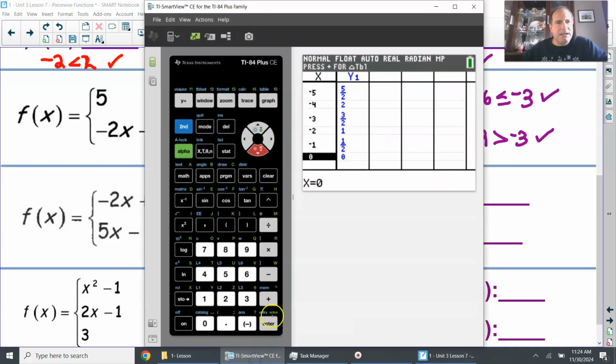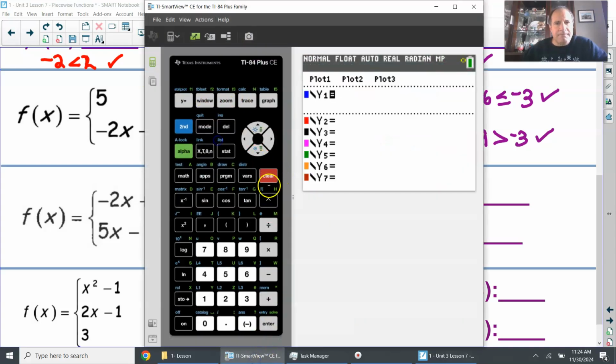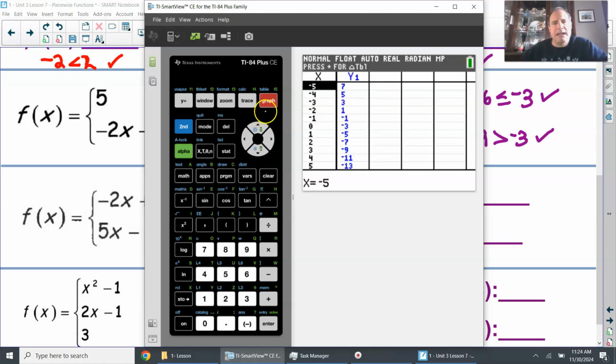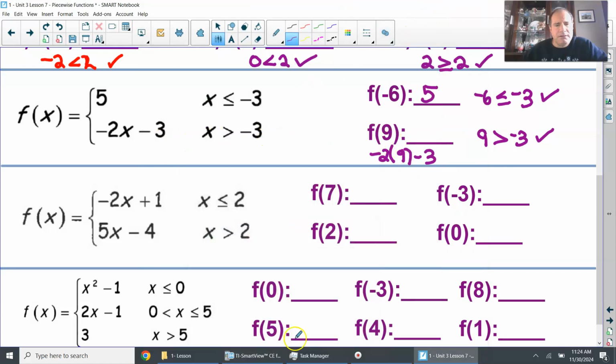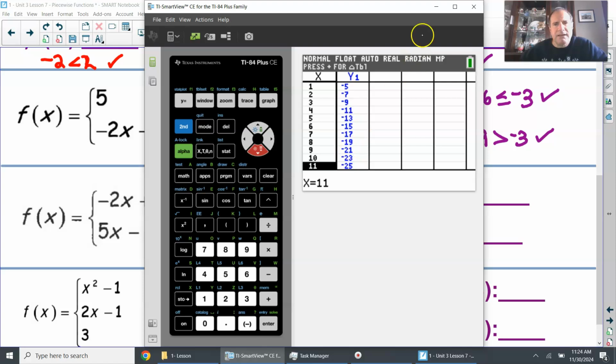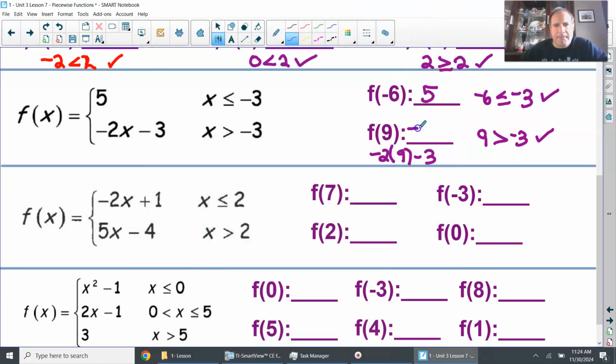Or you could just put in y equals negative 2x minus 3, press second function graph, and then you would go down to 9, and there's 9, negative 21. And it makes sense because negative 18 minus 3 is negative 21. So you can do it either by hand or whatever you want.